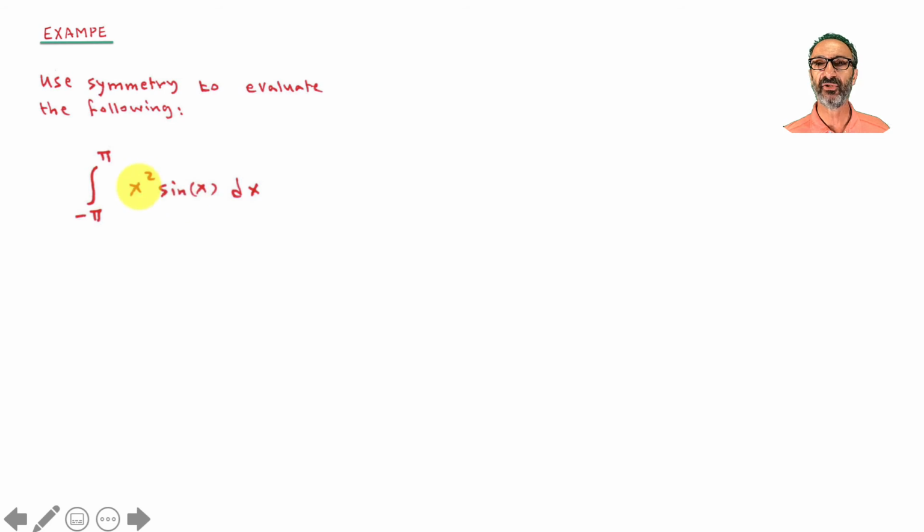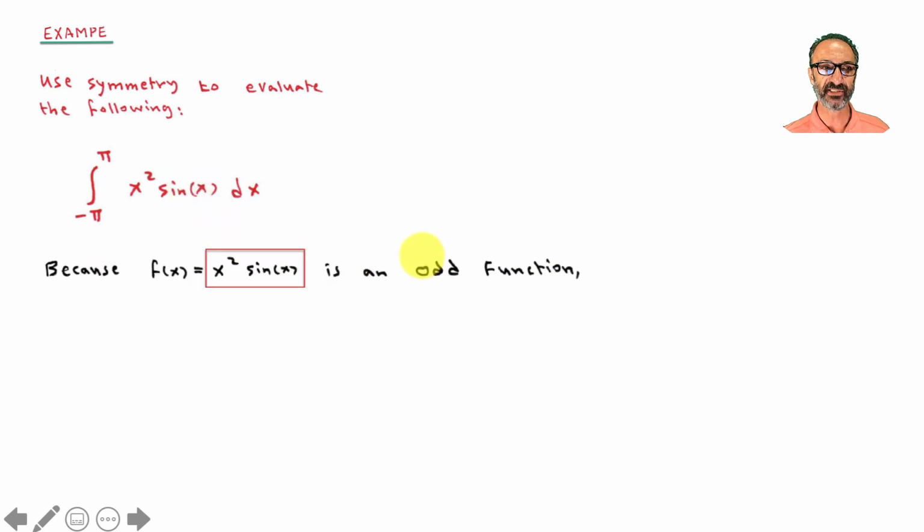The idea of same and opposite: this keeps everything the same, this makes it odd, or opposite. So for the whole thing, the opposite is not going to cancel. The word opposite is going to stay. So we say f of x equals x to the second sine x is an odd function, and I'm boxing it to show you that as a package it's odd.